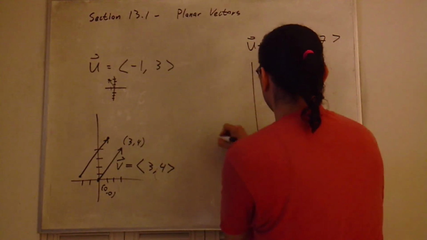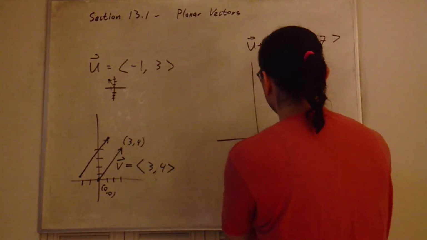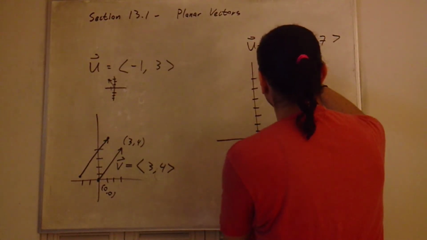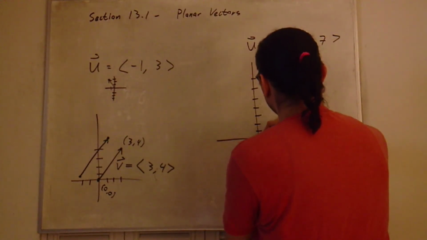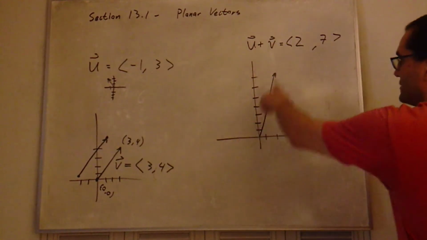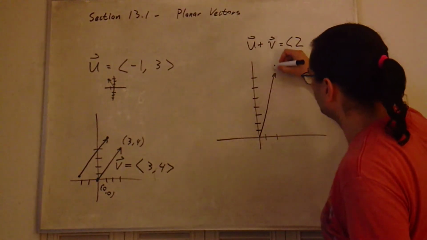You can draw this. Vector u plus v as a position vector will go from 0, 0 to the point 2, 7. This is u plus v.